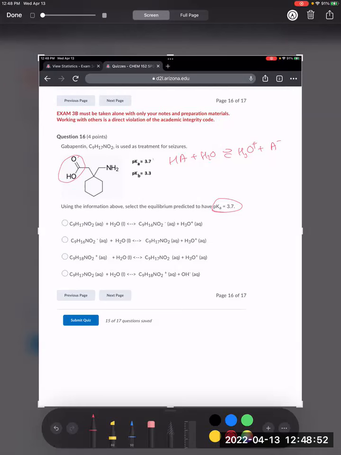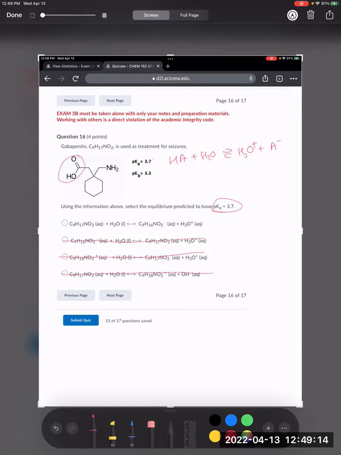That is going to eliminate options B and C. We are looking at a pKa, therefore acid dissociation, so you cannot have OH minus. Acids, when they dissociate, produce H3O plus, not OH minus. Therefore option D is out as well.